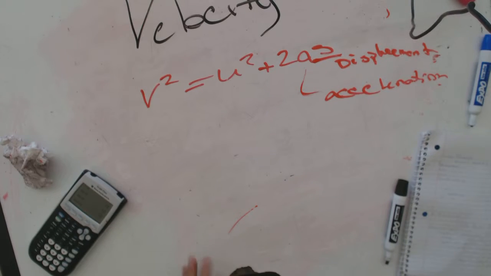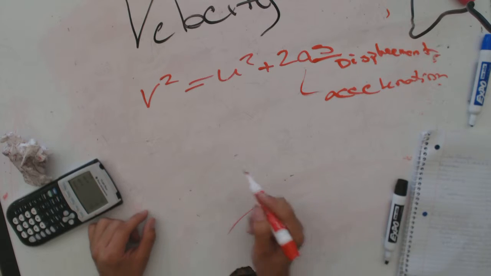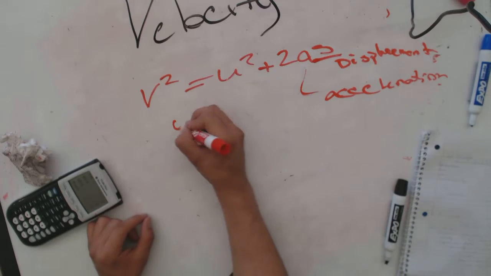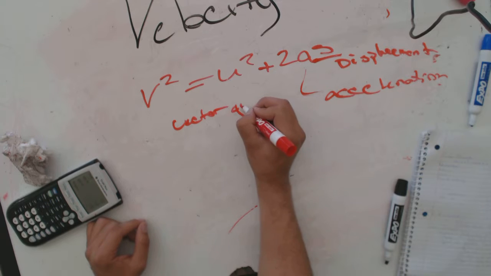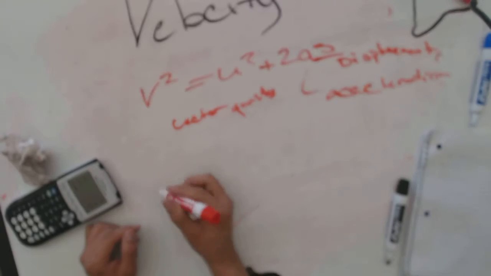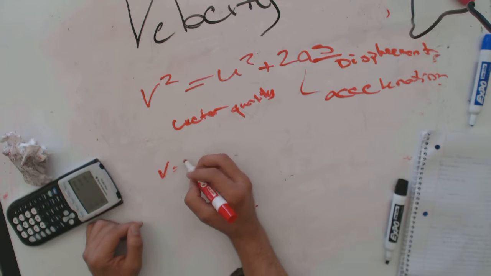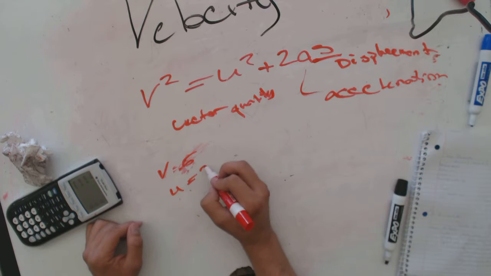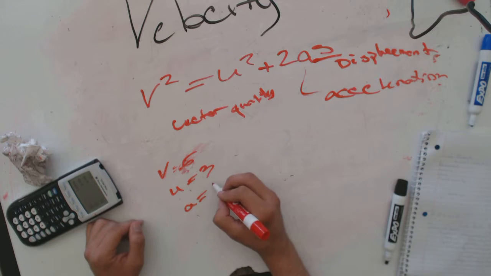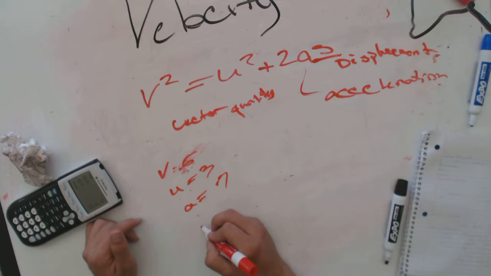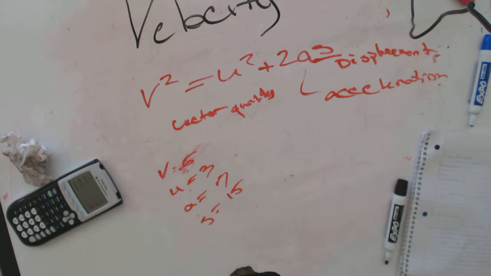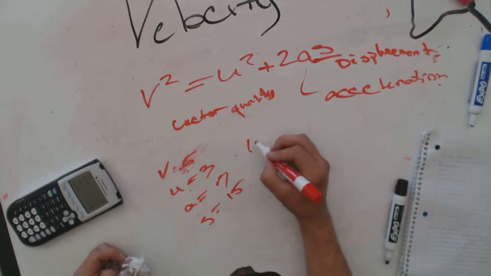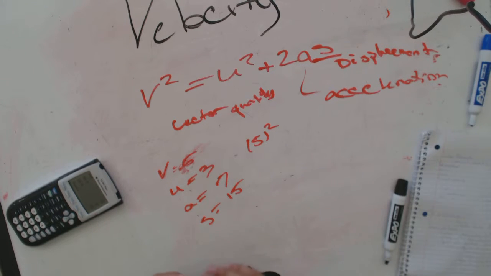I don't know how effective that is. Remember, this is a vector quantity. So let's say we have v equals 5, u equals 3, a equals, let's go with something crazy, 14, and s equals 15. Actually, let's look for v, so we don't know what v is.